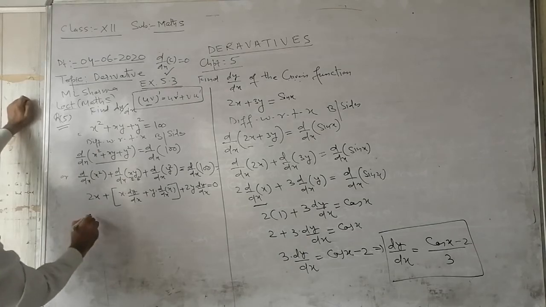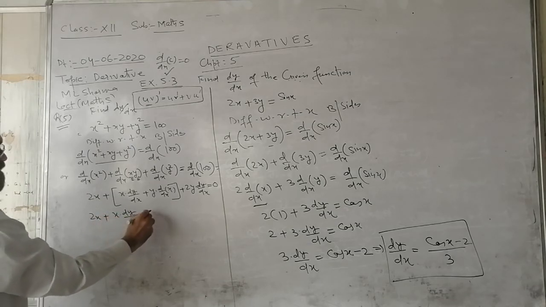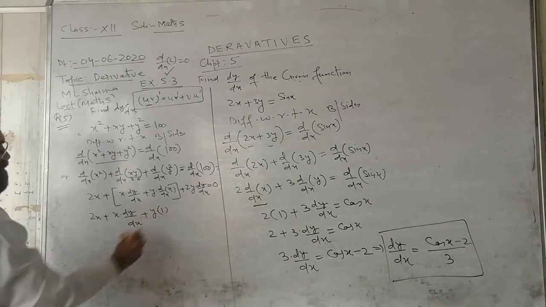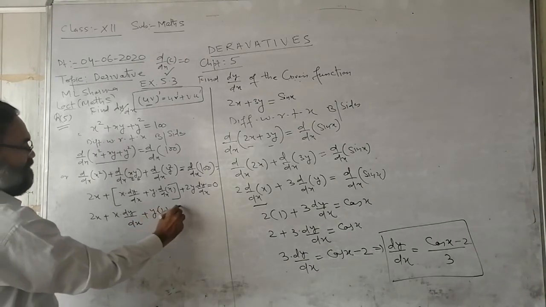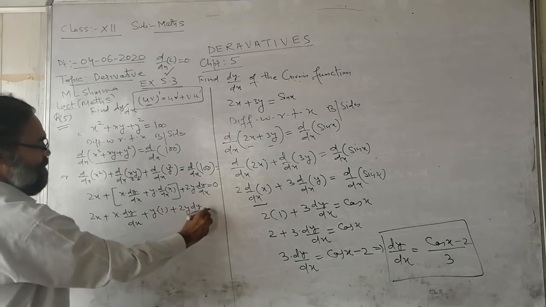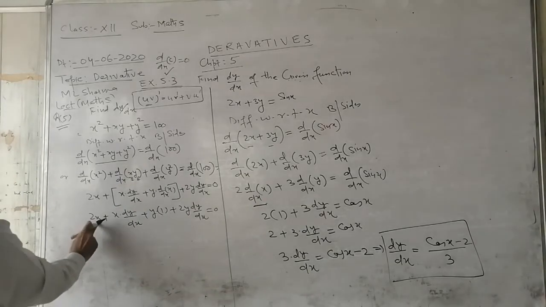So this can be written as 2x plus x into dy upon dx plus y into the derivative of x, which is 1, plus 2y dy upon dx equals 0.